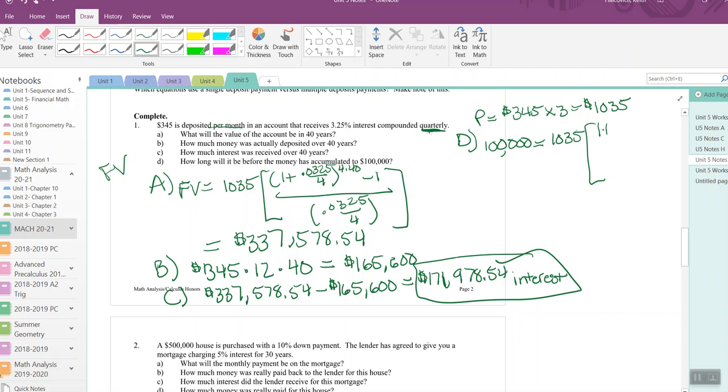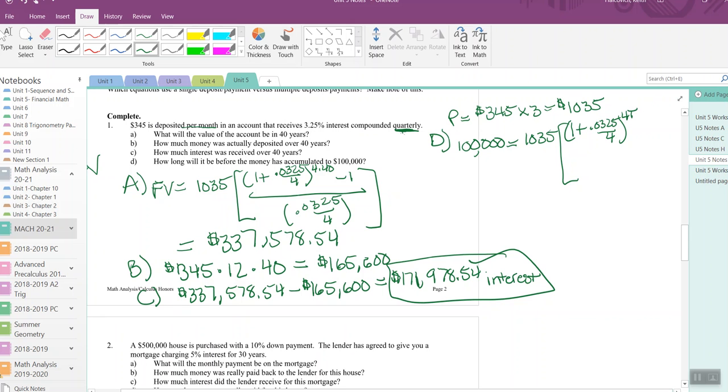So you get 100,000 = 1,035 times (1 + 0.0325/4)^(4t) minus 1, all over 0.0325 over 4. Remember, your variable is an exponent, so you're going to have to use logarithms. So you're first going to divide by 1,035.